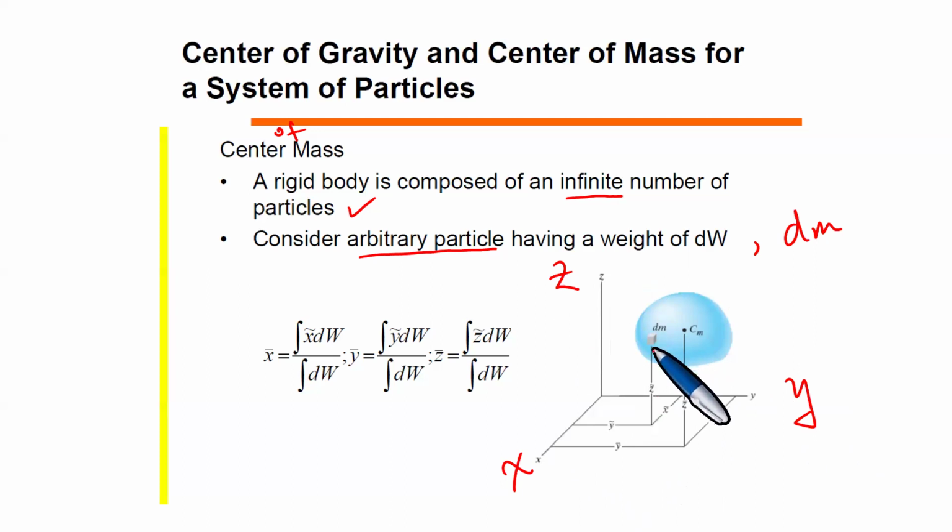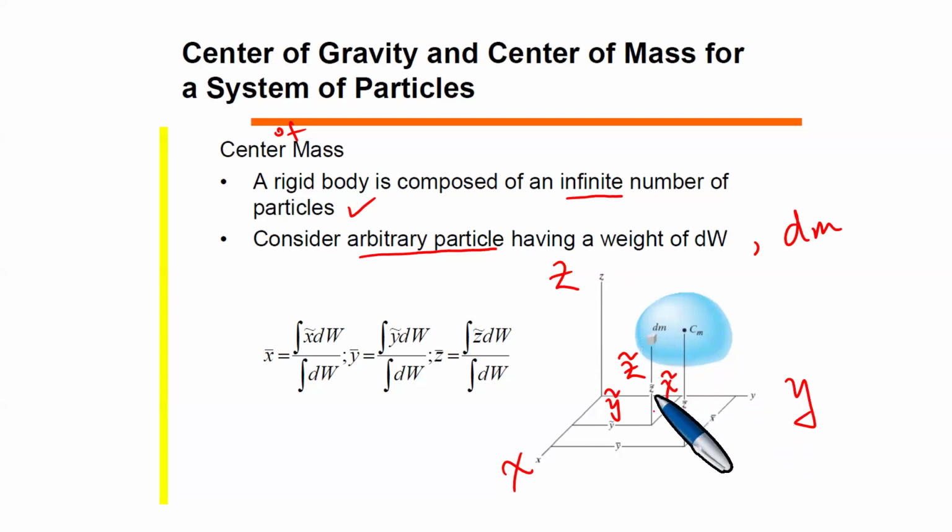Let's look at the particle, giving us y tilde, x tilde, z tilde. This particle's position parallel to the y-axis is y tilde, parallel to the x-axis it's x tilde. And along the z-axis, we're measuring the distance from the xy plane to the position of the particle, and this is the vertical distance.